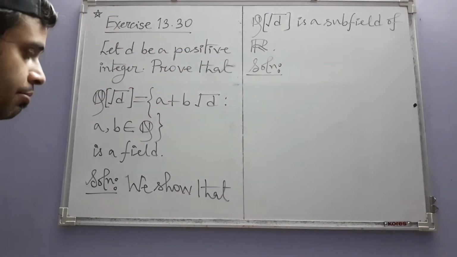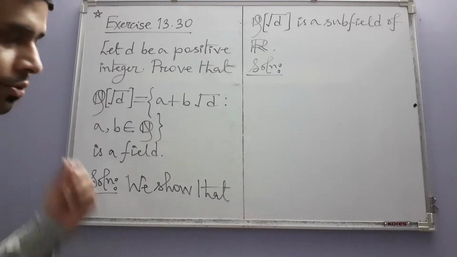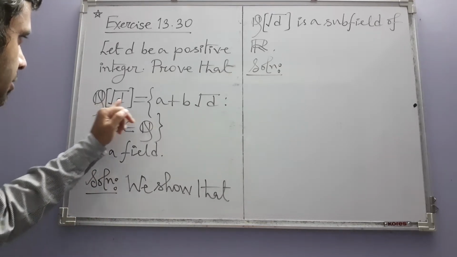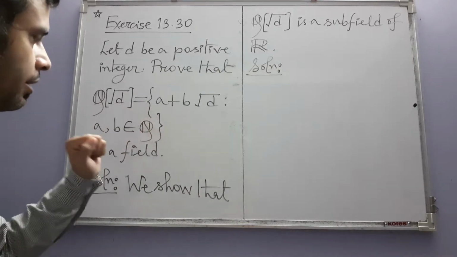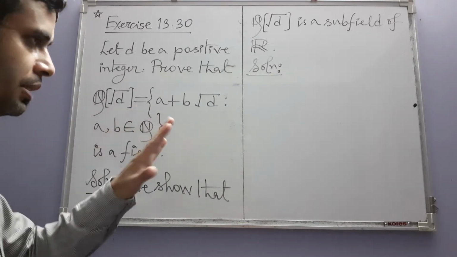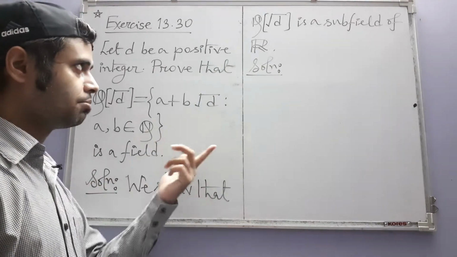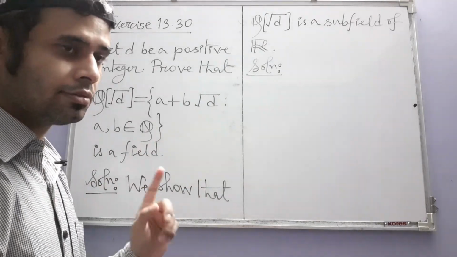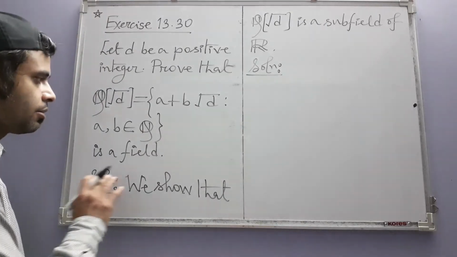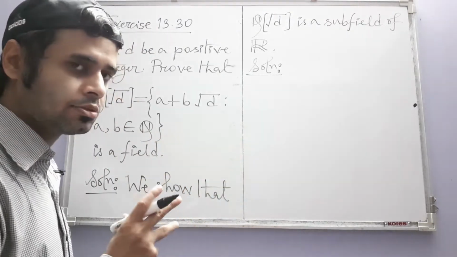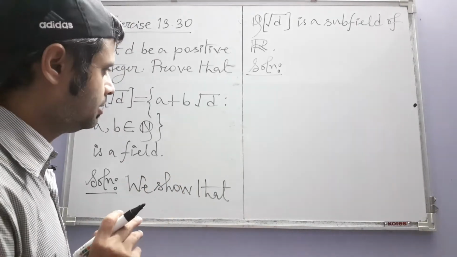Okay, so what is it that we have to do? We have to again take A and B, two elements in this set, where B is non-zero, such that A minus B and AB inverse both belong to this set. However, keep in mind that all the conditions from the subfield test should be true. All the hypotheses should be there.